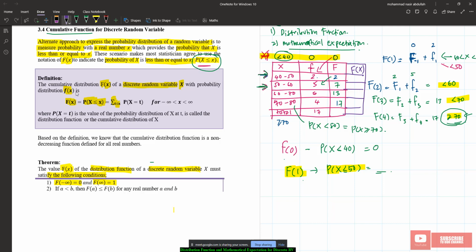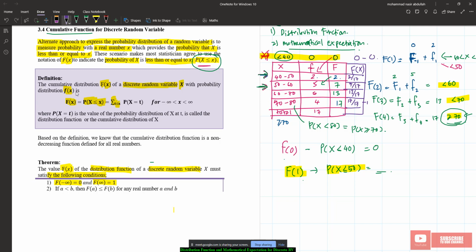So 0 divided by 17 should always equal to 0. 2 divided by 17 dapat berapa? Let's say kita letak dalam bentuk fraction lah. 2 divided by 17, and then 7 divided by 17, 13 divided by 17, and 17 divided by 17. This one should always equal to 1, and this one should always equal to 0.